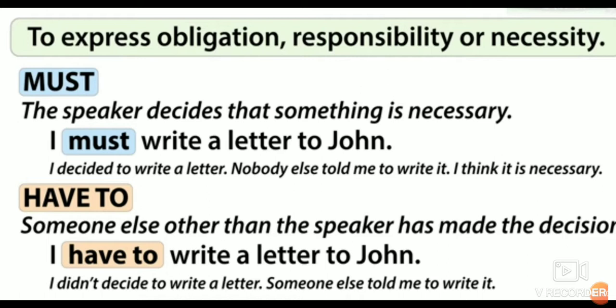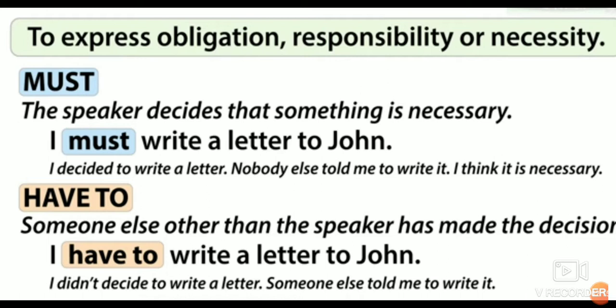Now see the other sentence. Why have we used have to? I have to write a letter to John. Here someone else other than the speaker has made the decision. The speaker himself has not made the decision to write the letter to John. Somebody else has forced him or told him to write a letter to John.